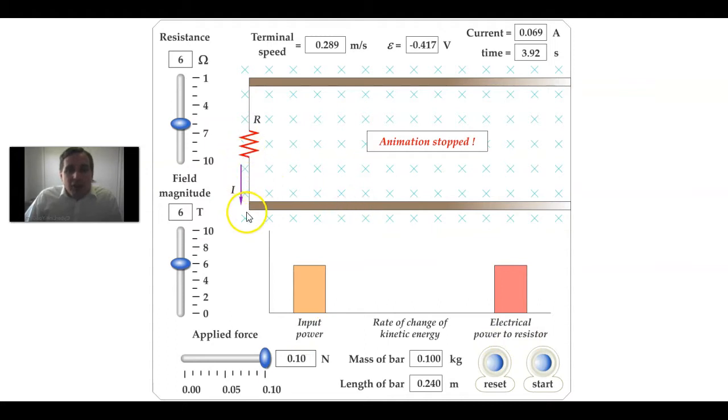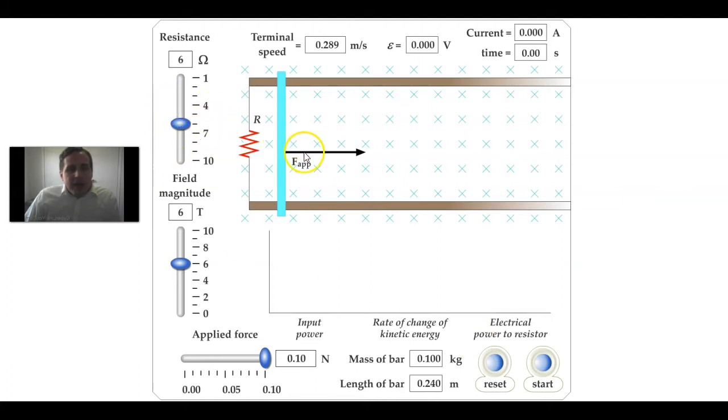So we have to generate current over a longer period of time, generating a larger EMF, thus finally getting us to that terminal speed, where the sum of the forces in the horizontal direction are 0. And that's because we are getting to equilibrium by Newton's second law.